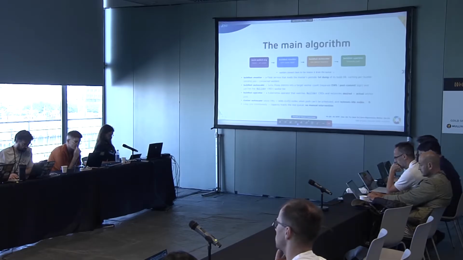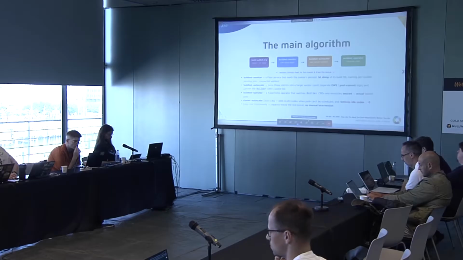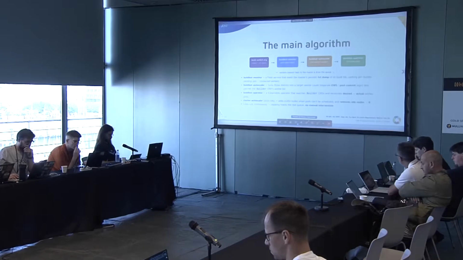Now someone pushes a patch and there's something queued. The build monitor will notice, hey, there's a missing worker, we need to scale up one. The autoscaler kicks in, will start a new buildbot worker pod, which will auto-connect to the buildbot master and attach to that queue.